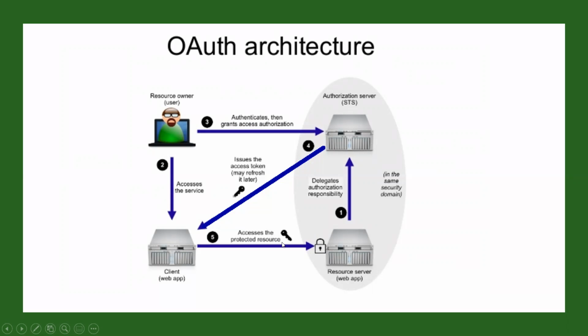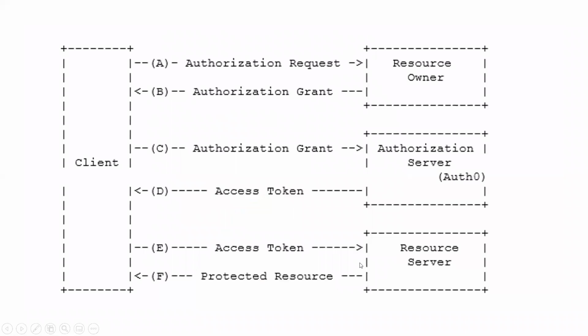Based on the access token, you will interact with the resource server. So I hope you understand the architecture of OAuth 2.0, the protocol, like how it is interacting with the different servers, the style of architecture defined in OAuth 2.0, and the access token details.